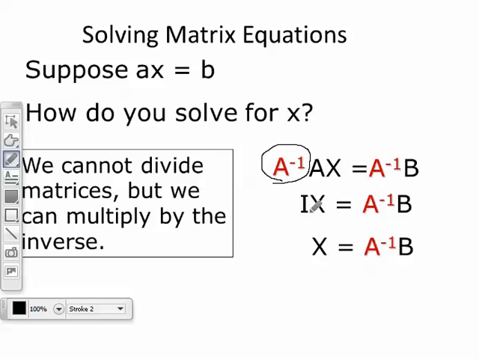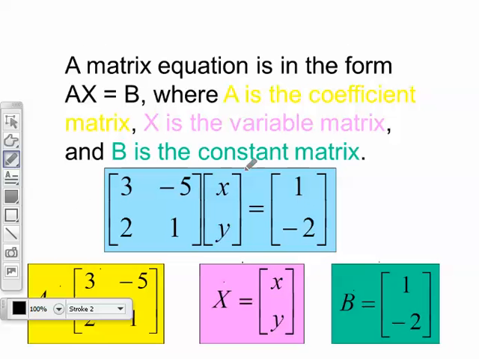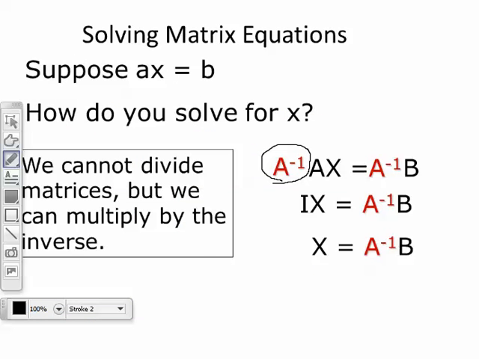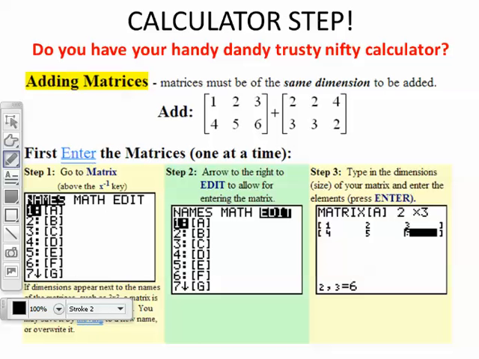What we wind up with is an identity matrix times X, and we can find the values by looking at this A inverse times B. Now remember, what were A and B? Going back to this one, A was the coefficients in front of all the equations, and B was the equals-to values. So it's really not a difficult thing to do.